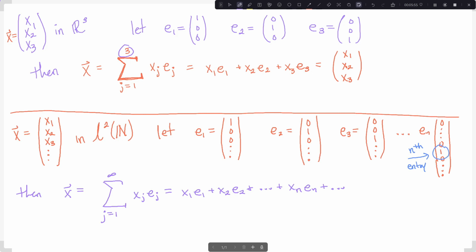And we can generalize these notions with inner products as well. So let's think about inner products in finite and infinite dimension. And we have something like the inner product of two finite dimensional vectors, let's say x1, x2, x3, inner product y1, y2, y3.